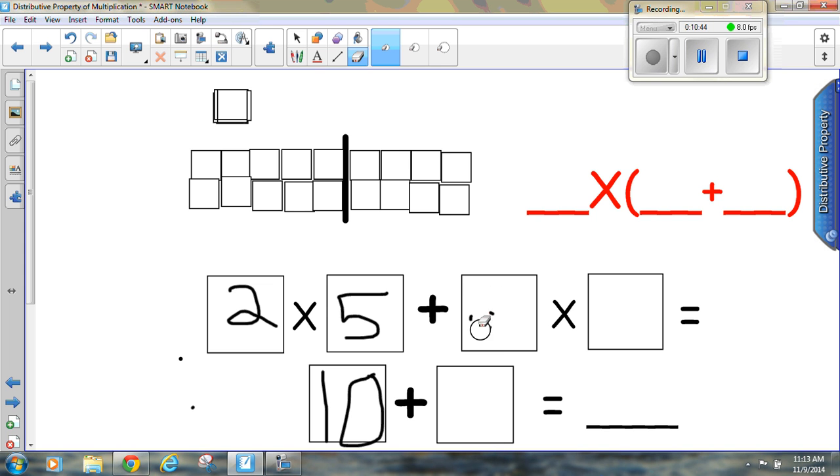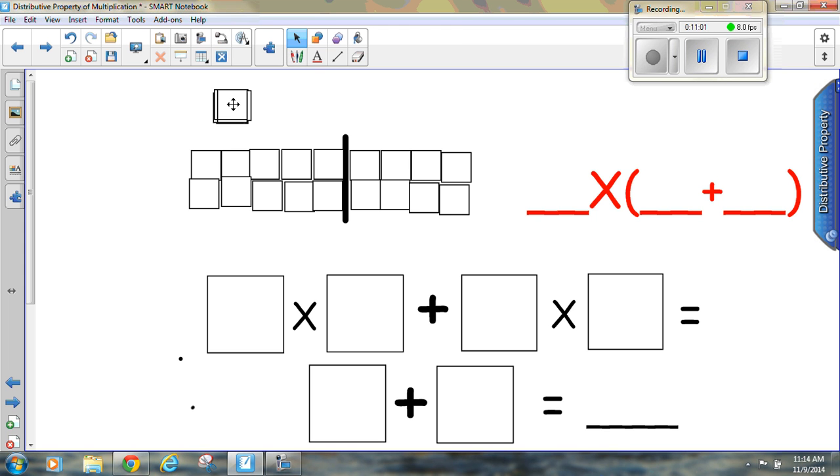So what do you think? Do you think this is difficult, or do you think you can handle this one? We'll try one more and see how you do. Okay, now let's add some more tiles.